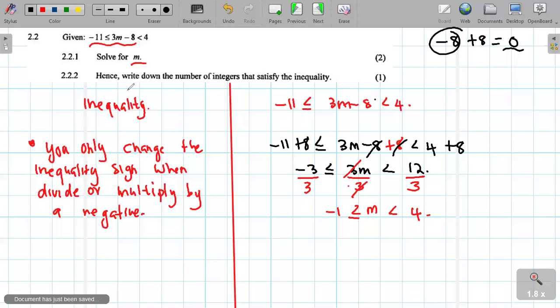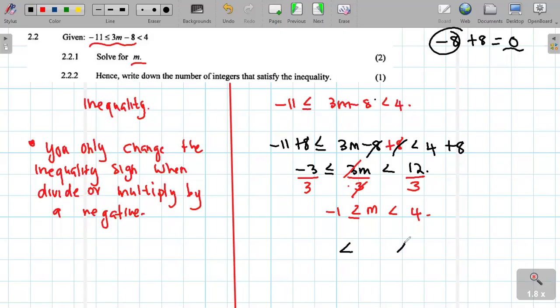Hence, write down the number of integers that satisfy the inequality. I want you to learn this.